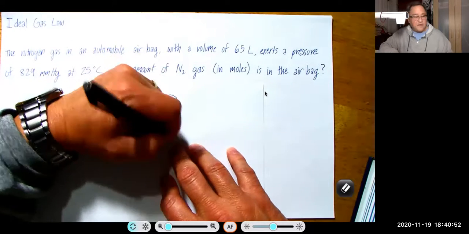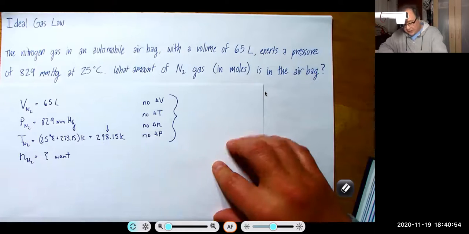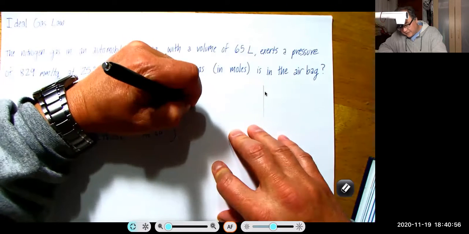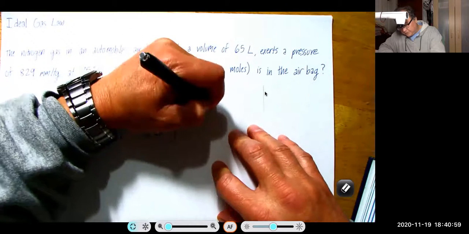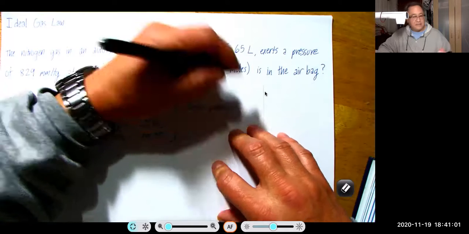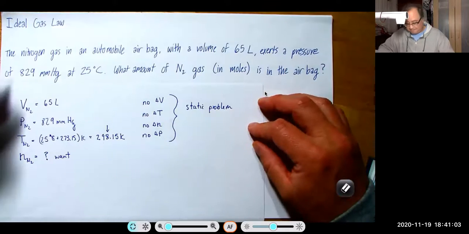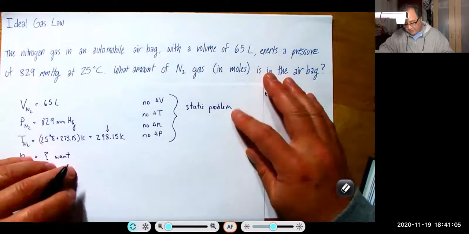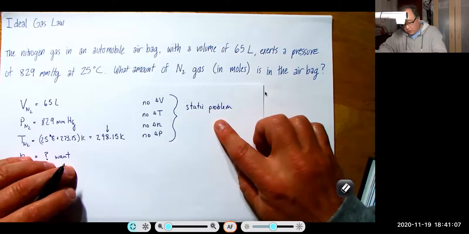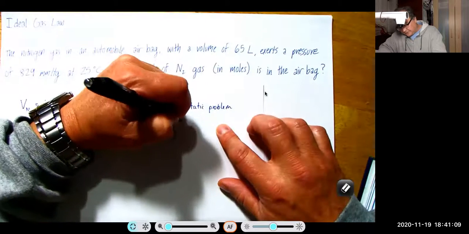Now, when you have a problem where nothing is changing, I call that a static problem. So static means nothing is changing. So if you have a static problem, you want to use the ideal gas law.